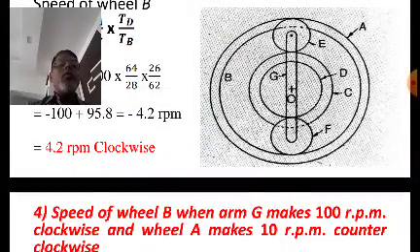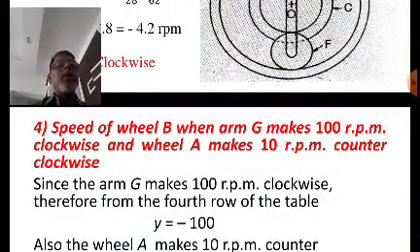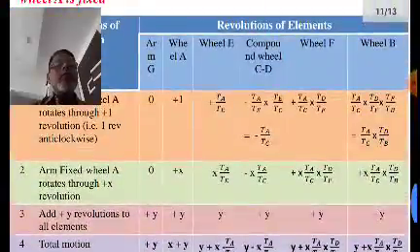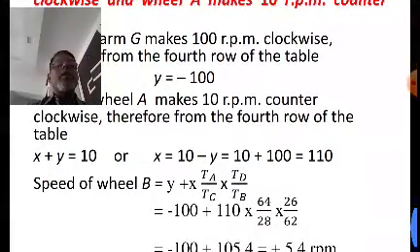Then in the fourth part, it has asked to calculate the speed of the wheel B, but in a different condition, when arm G makes 100 rpm clockwise and wheel A makes 10 rpm counterclockwise. Now your condition will change. Y is equal to minus 100, that will remain the same, but the revolution of wheel A, X plus Y, in anti-clockwise means X plus Y is equal to 10, right?